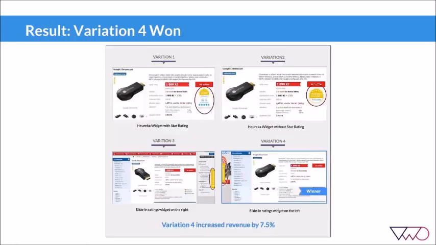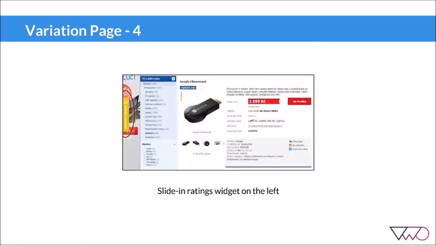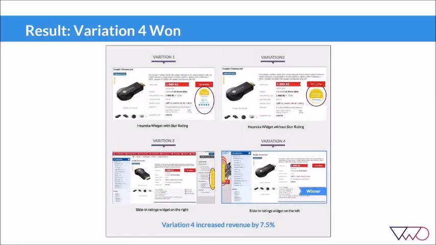And finally, they included the same information on the left hand side. That is the sliding ratings widget on the left. So what they told us was that variation 4 won and increased revenue by 7.5%.